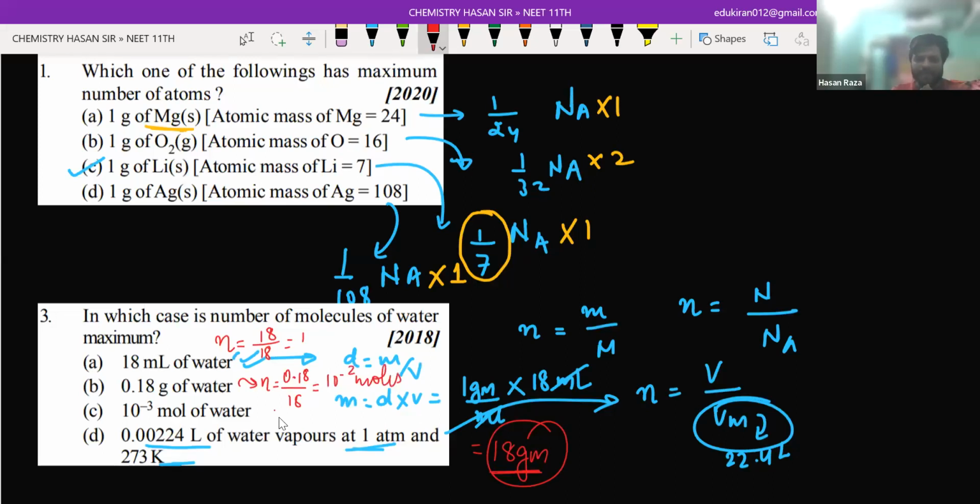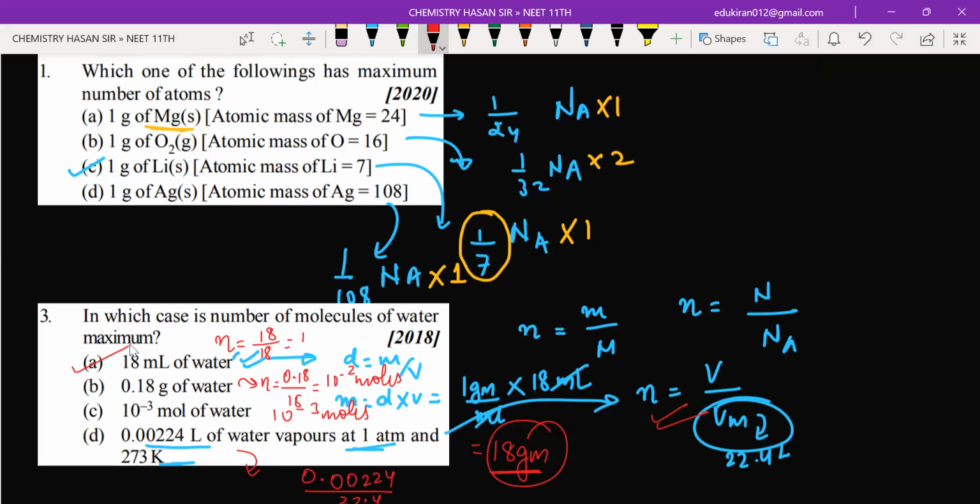And here it has directly been said 10 raised to the power minus 3 moles. And here we can use the formula directly, given volume 0.00224 upon 22.4 liter. So you can see the maximum number of moles you are getting is of A. That's why the answer is A. Okay, sir.